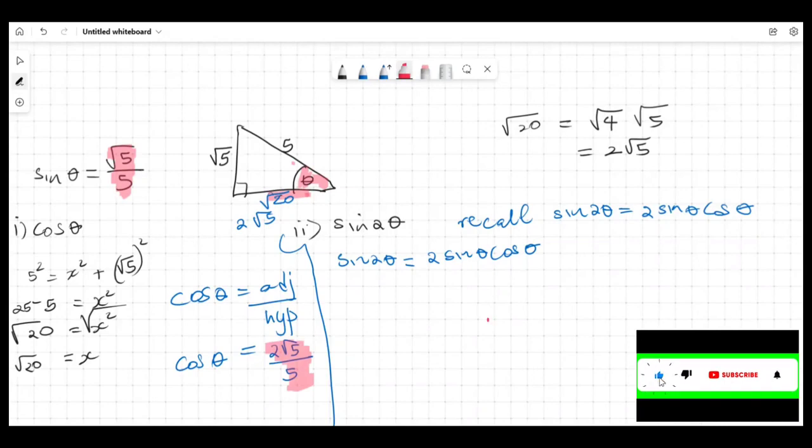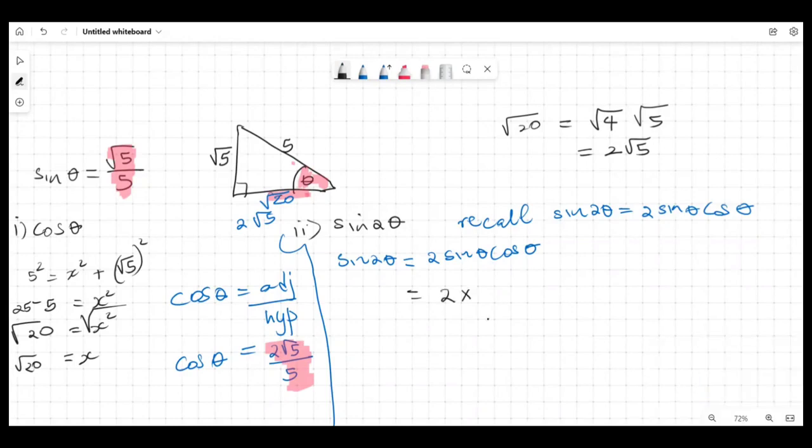All right? So with that said, I can now substitute 2 times the root of 5 over 5 times cos theta, which is 2 root 5 over 5.